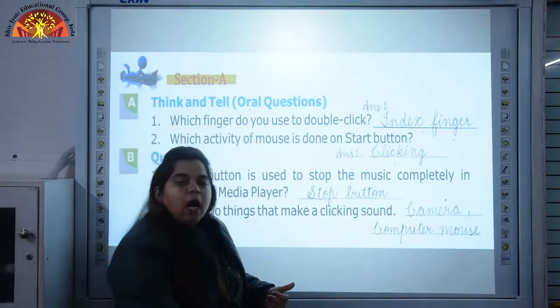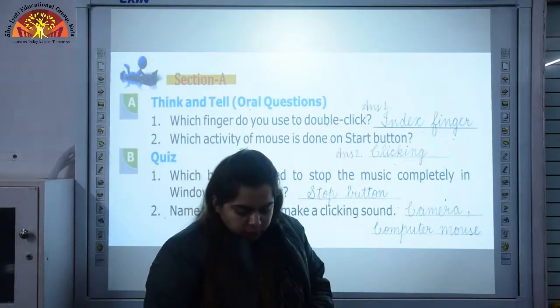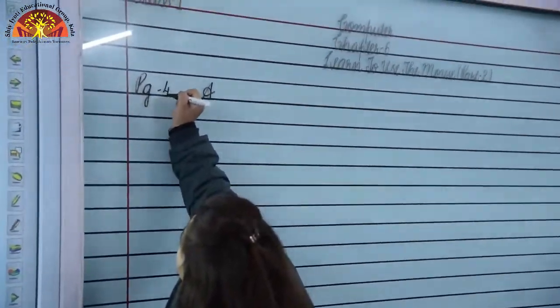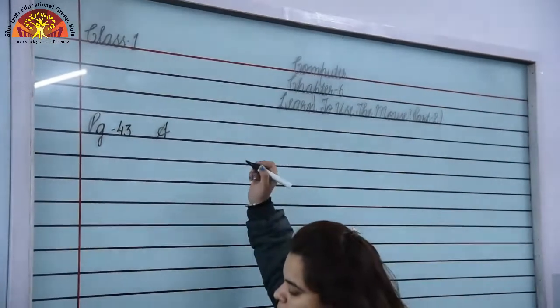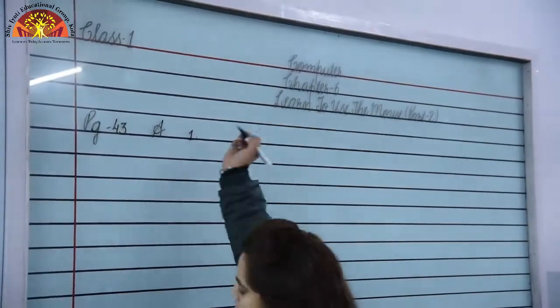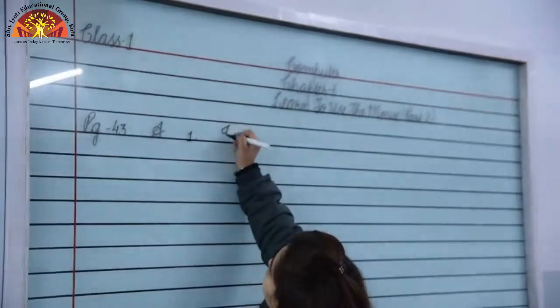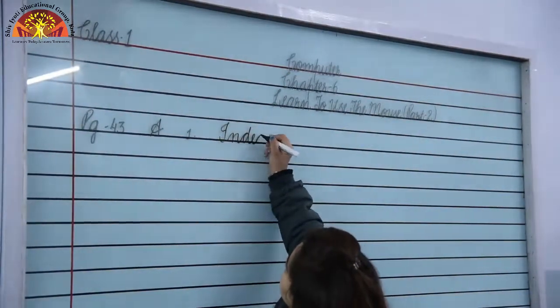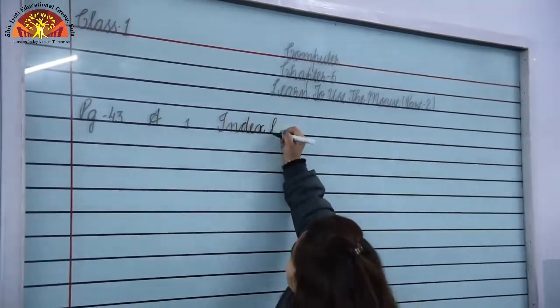Now let us see how to write these hard words, children. Page 43. First, which finger do you use, children? Index finger. I will be capital. I-N-D-E-X. Index.